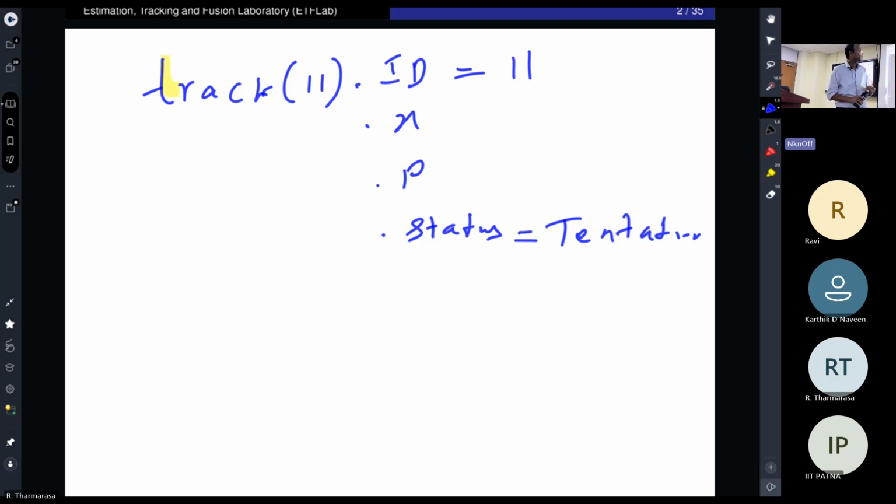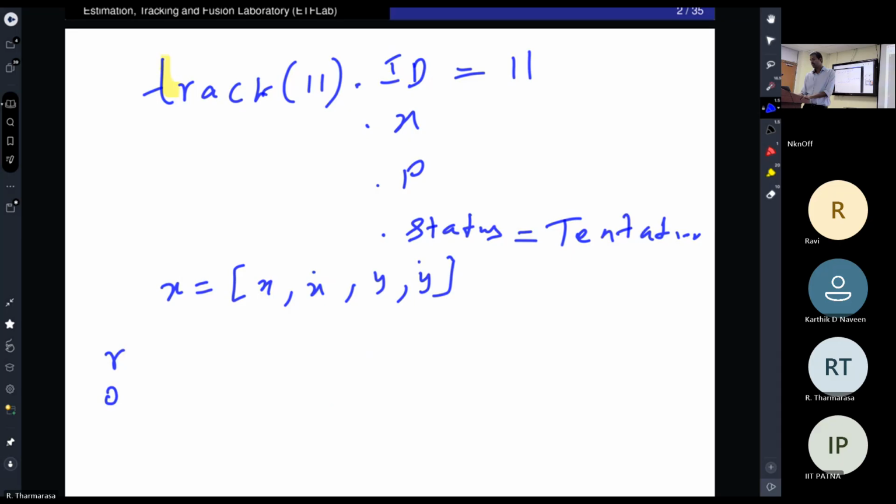So now let's start with the X itself. X should be x, y, x dot, y dot. These are the 4 things that we need to initialize. Using, let's say, radar, radar has R and theta measurements.